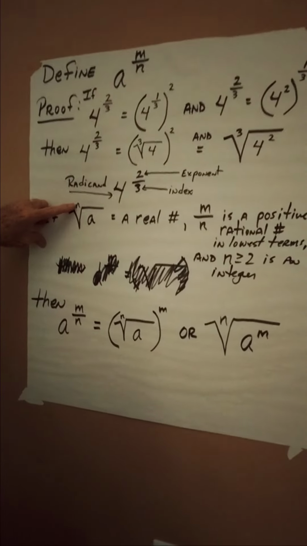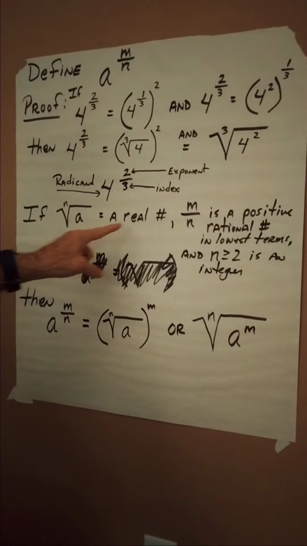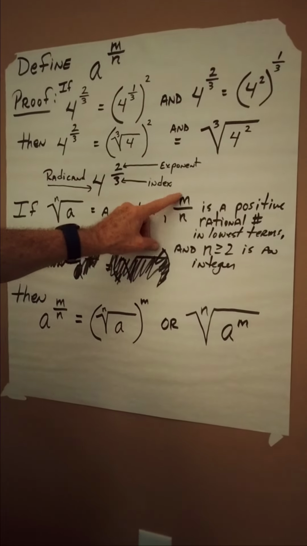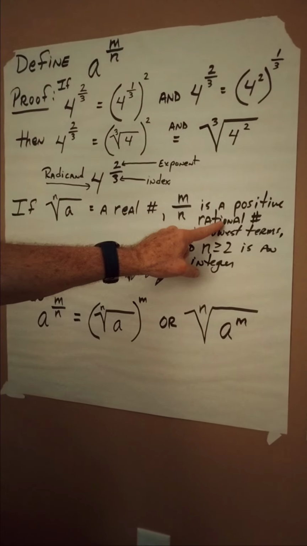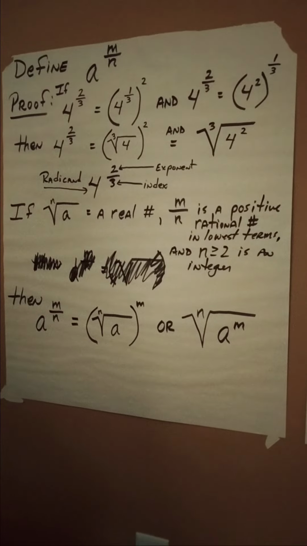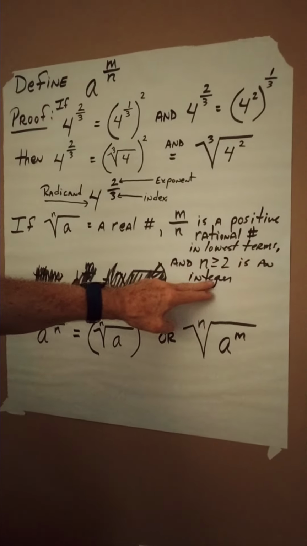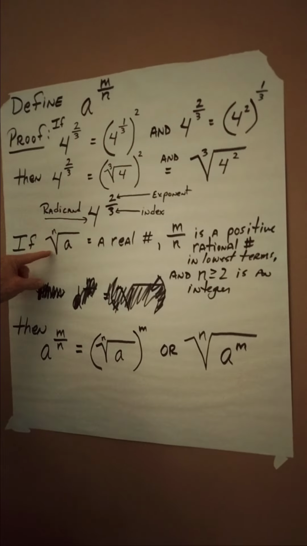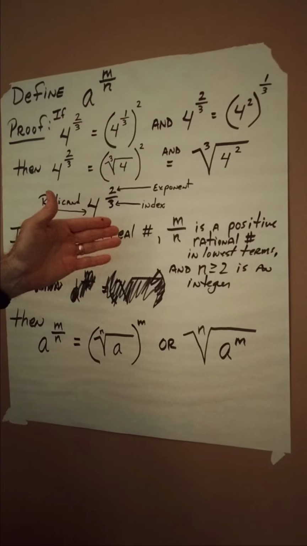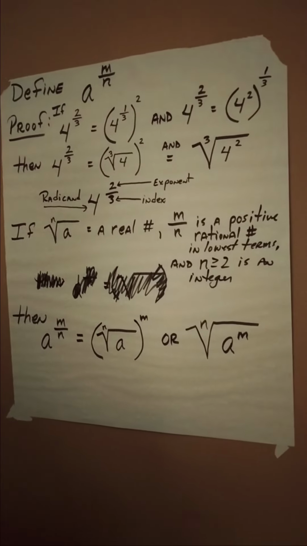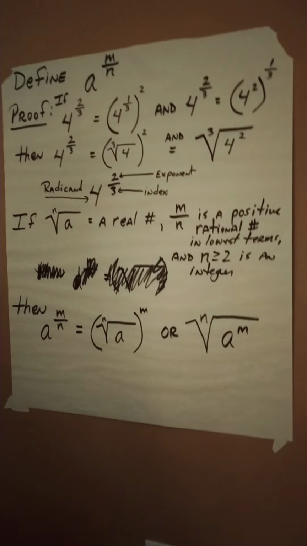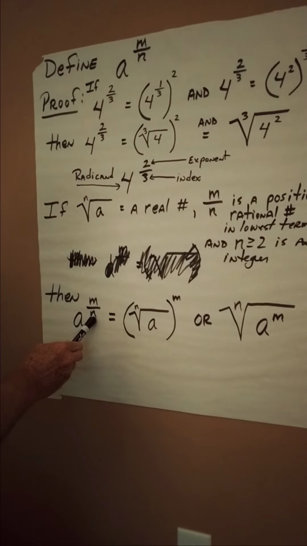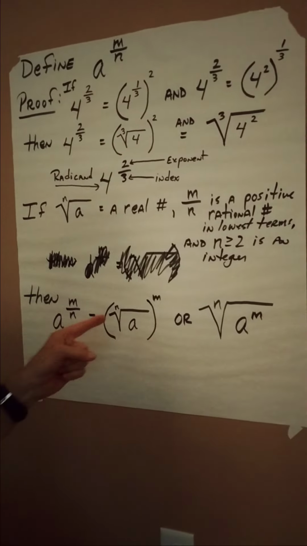If the nth root of a is a real number, and m over n, the rational exponent, is a positive rational number in lowest terms, and n is an integer greater than or equal to 2, just like in the previous rule, then a to the m over n must be equal to this radical expression.